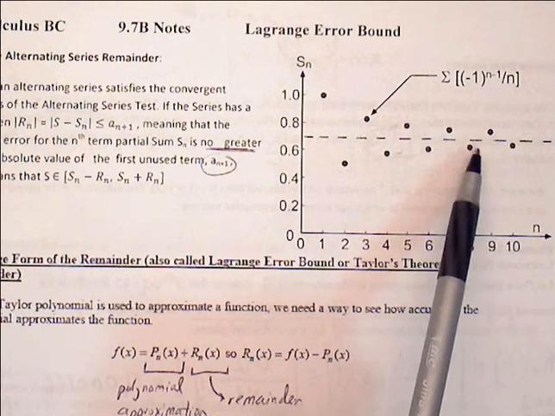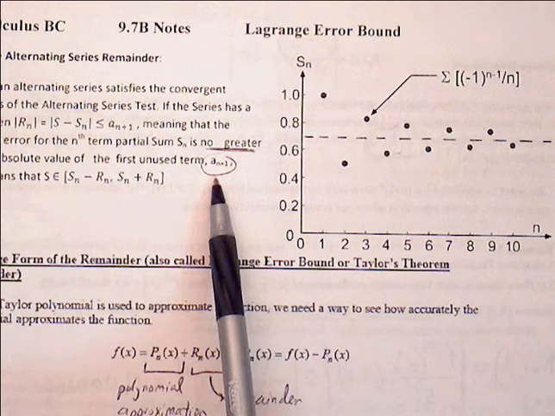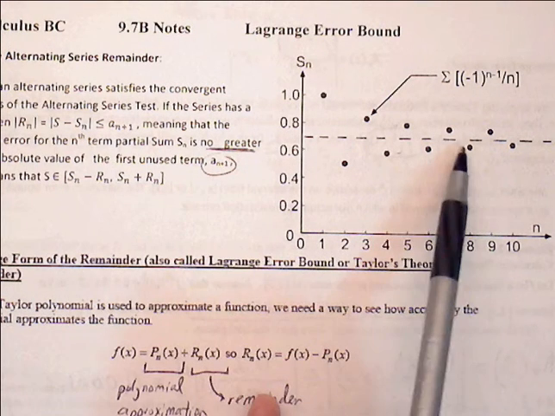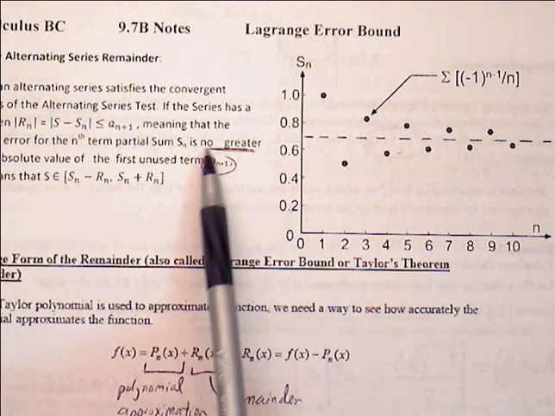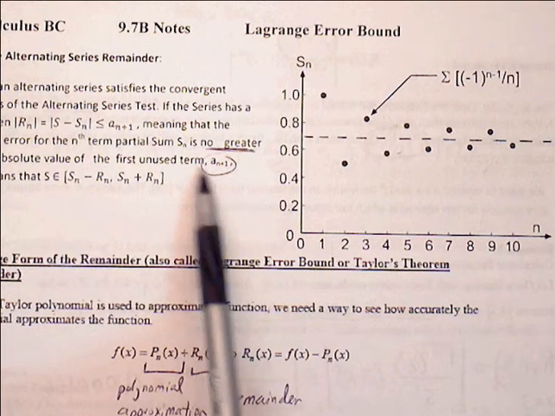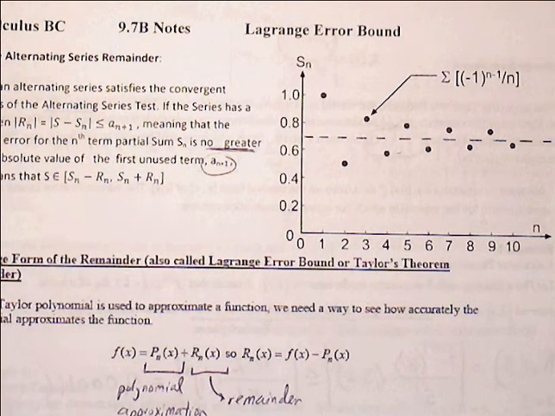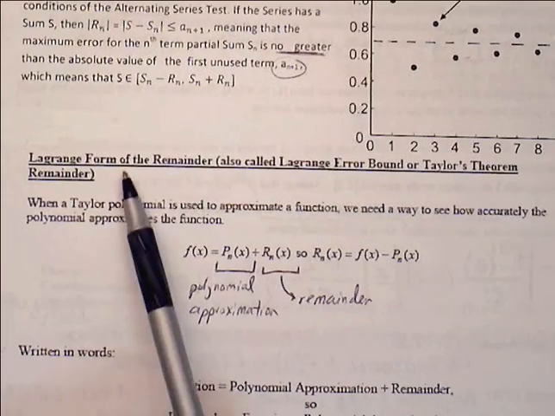And so we know that the following term will produce the worst case scenario for the error, or for the remainder. Okay, so that ties in a lot with what we're going to talk about with Lagrange error.